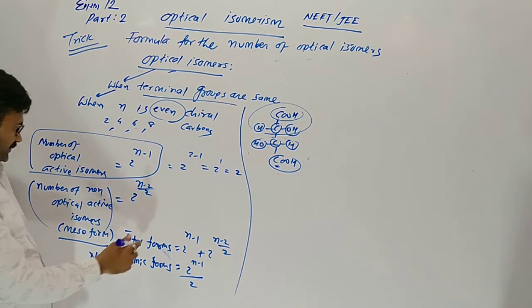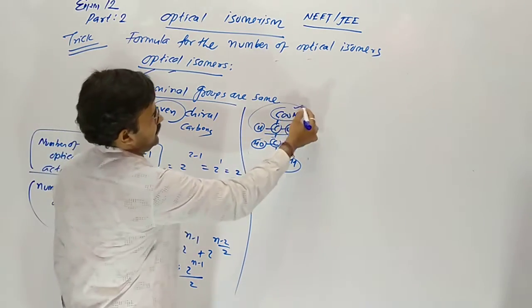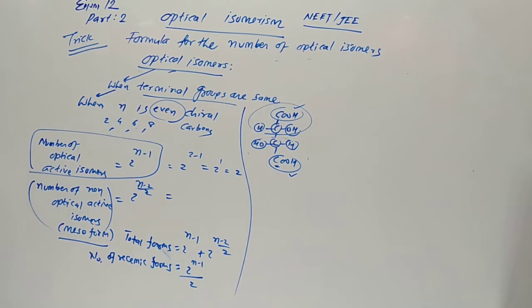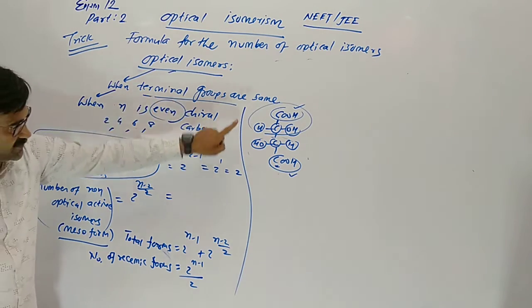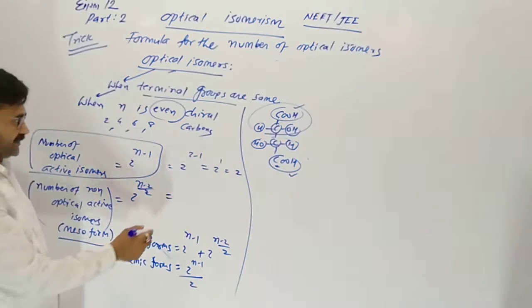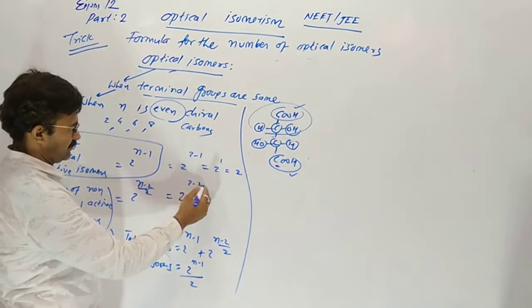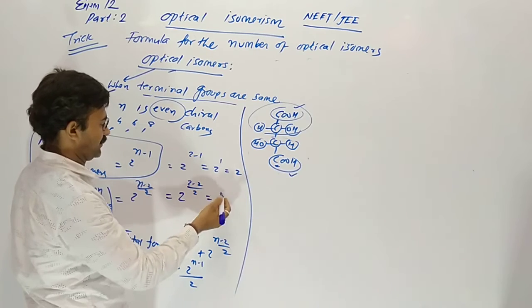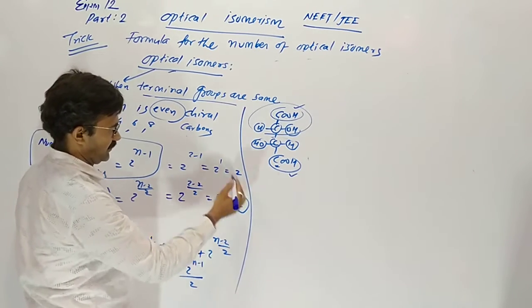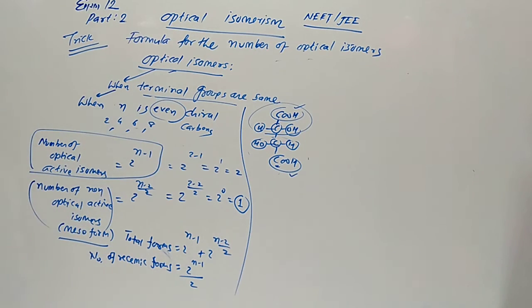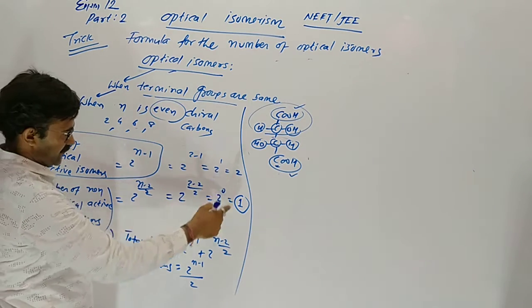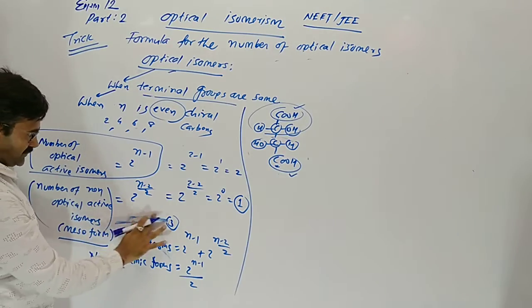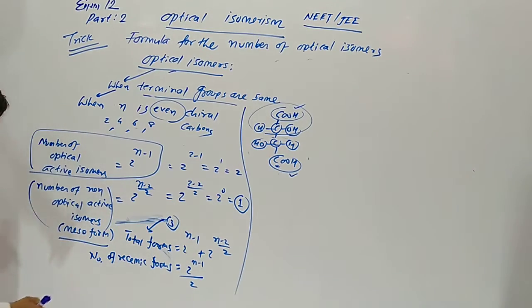Here the 2 terminals, upper last and lower last, are the same. So in this case, 2 minus 2 upon 2, 2 minus 2 means 0, 0 upon 2 means 0. So 1 meso form is given. So total will be 2 plus 1, so total forms will be 3.